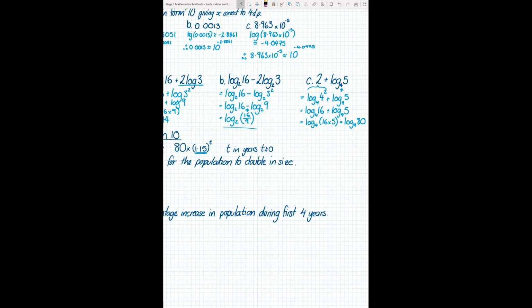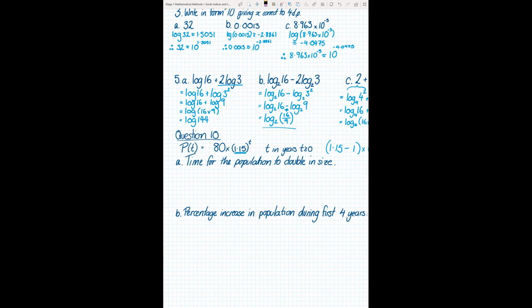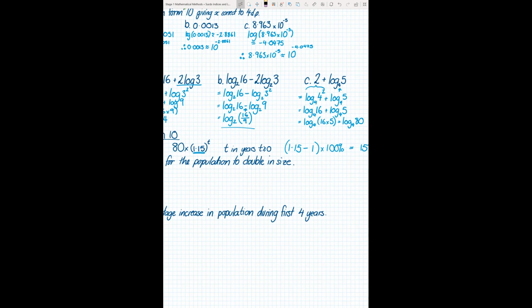Now, we can tell from this, like we said before, that if we have the constant that's put to the power of t, minus 1 is 100%, it means that each year the population is increasing by 15%. So we can understand what this term in here means.